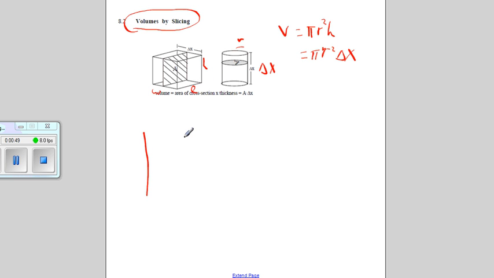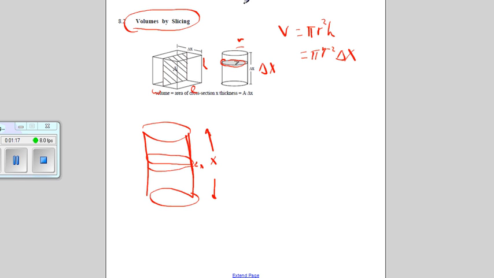This is an important precursor to today's lesson. If we think about a little cutout, if we were to take a knife or a razor blade to cut out just a little section here with a little bit of width, we'll call that little bit of width dx, since we're calling this x.